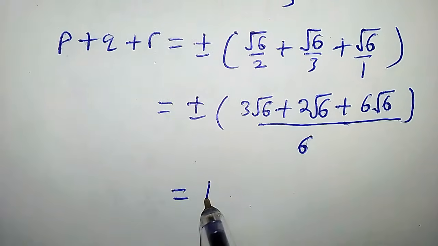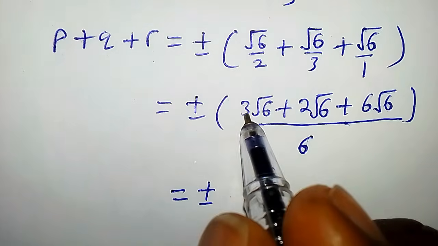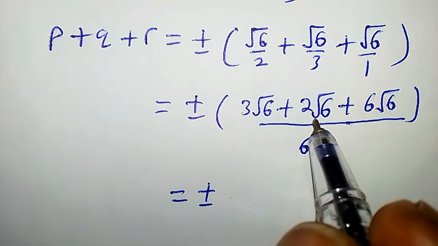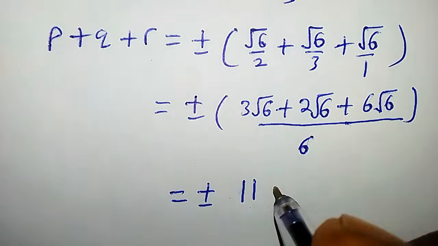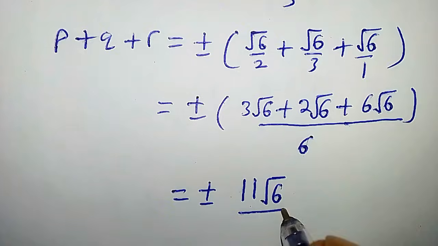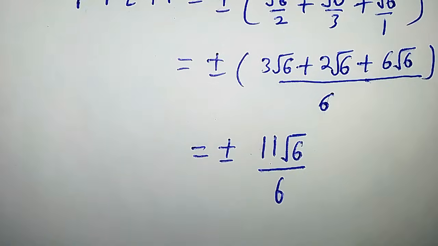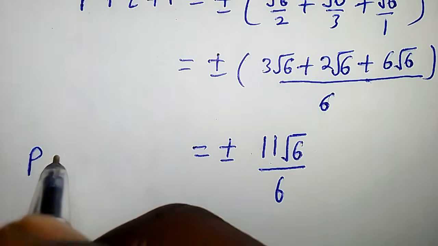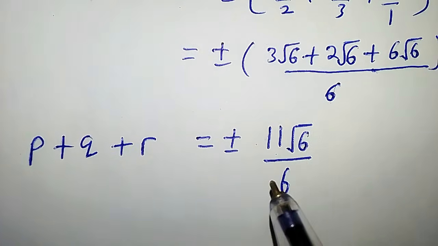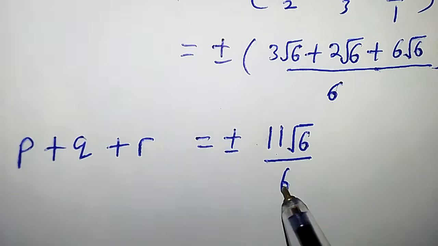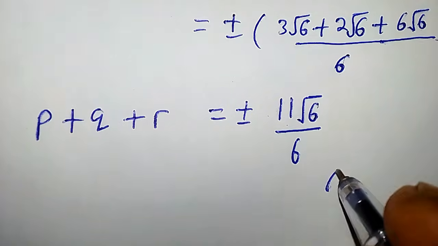This equals plus or minus 3 root 6 plus 2 root 6, that is 5 root 6, plus 6 root 6, that is 11 root 6 divided by 6. This means that the value of P plus Q plus R equals plus or minus 11 root 6 over 6. This is the required solution.